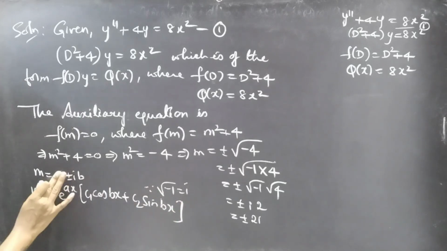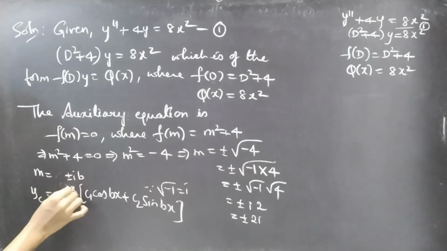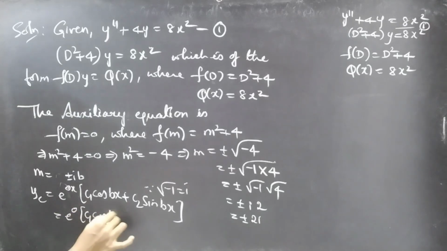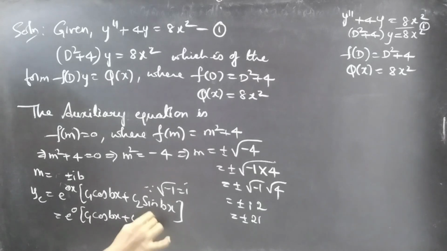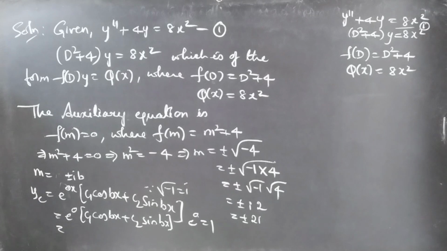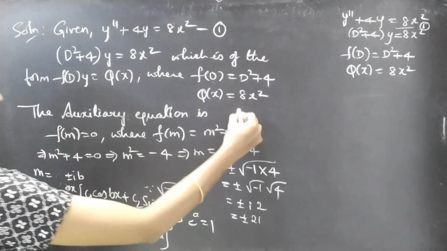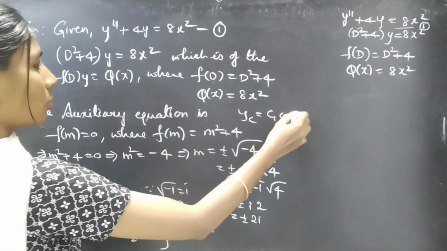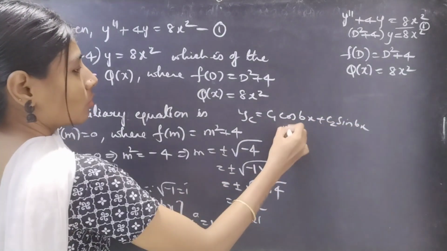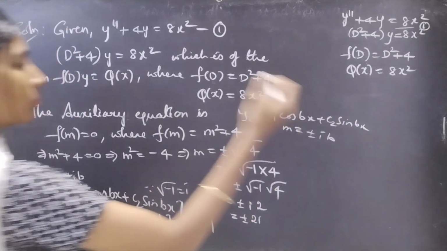In case of a equal to 0, we'll get e power 0 into x, which is e power 0, and we know that e power 0 equal to 1, so we'll get yc equal to c1 cos bx plus c2 sin bx for m equal to plus or minus ib, right?